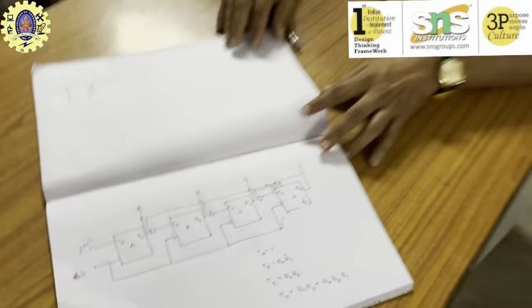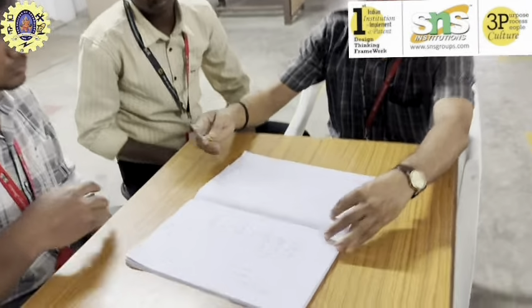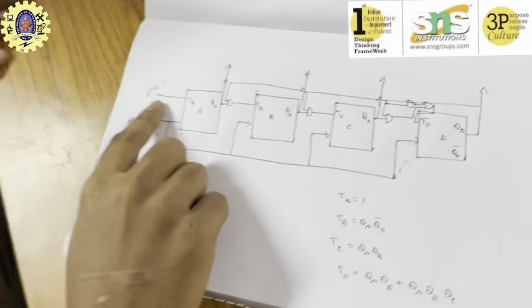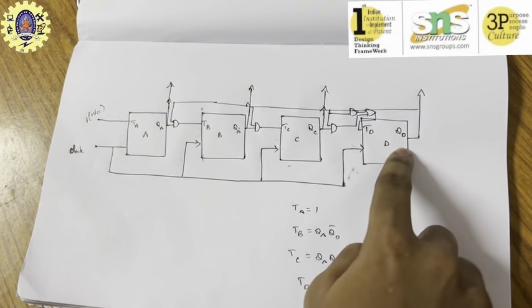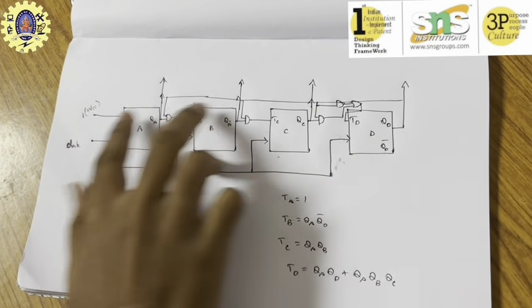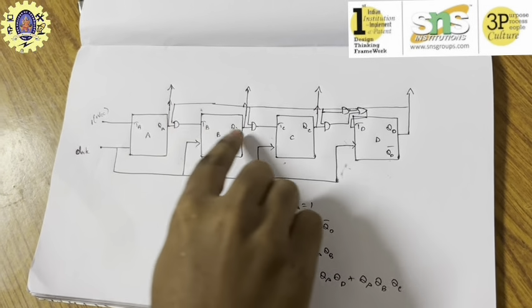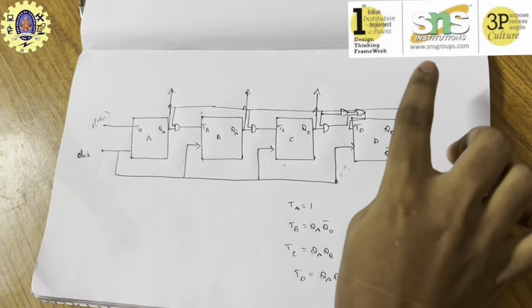It is okay. Now after these expressions, the circuit is derived. The circuit is derived by Mr. Sriram. The inputs are TA, TB, TC and TD, and QA, QB, QC and QD are the outputs.